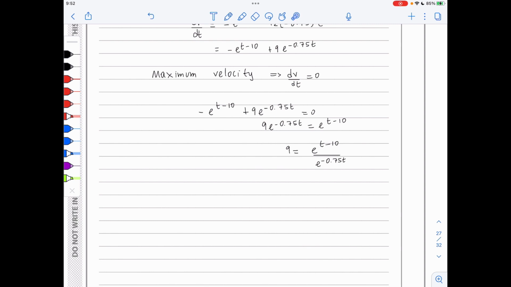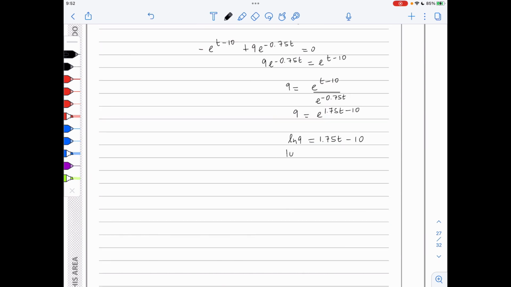Now, because we've got division with a common base, we can deduct the indices, and therefore this leads to 9 = e^(1.75t−10). So ln 9 = 1.75t − 10. So (10 + ln 9)/1.75 is the value of t.